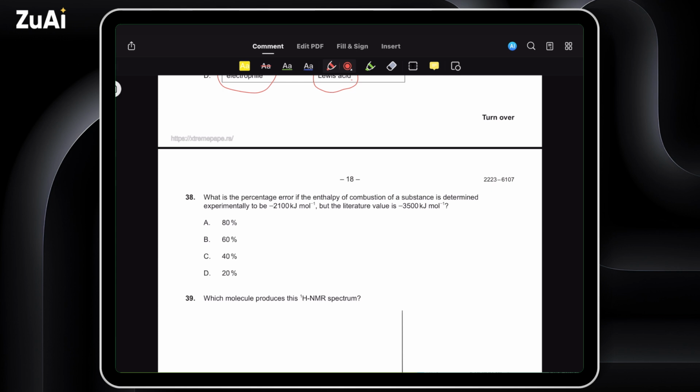So percentage error is equal to the experimental value 2100 minus the literature value 3500, divided by the literature value 3500, times 100. So that's the way we get 40%.